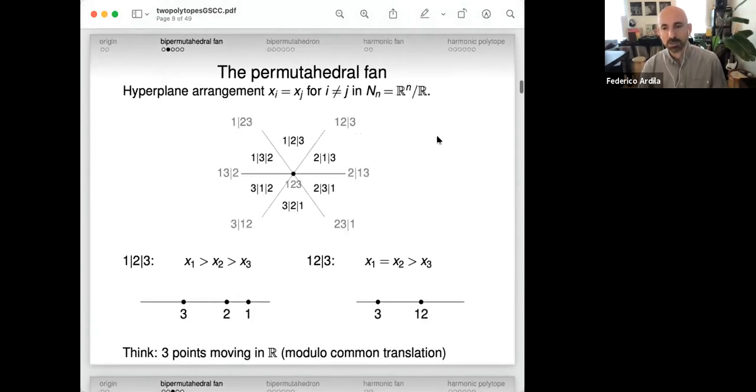So in order to say what a fan is, let me first say what a cone is. A cone is something like this right here, which basically has some rays, and it's everything that's in the direction of those rays. Another way of saying it is that it's intersecting hyperplanes going through the origin and seeing what's over there. And when I say fan, what I mean is a bunch of cones glued together.